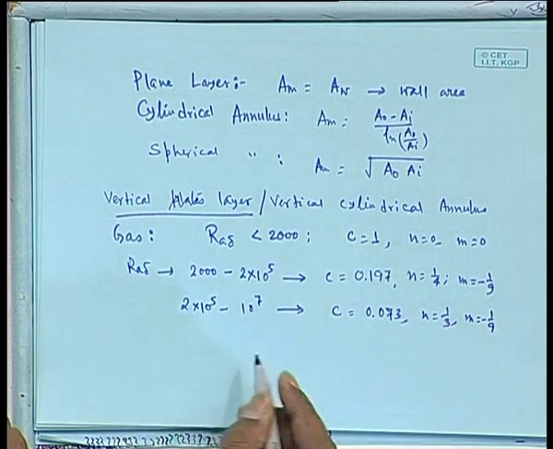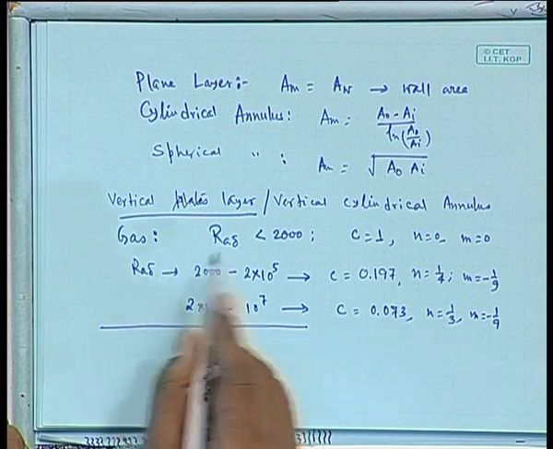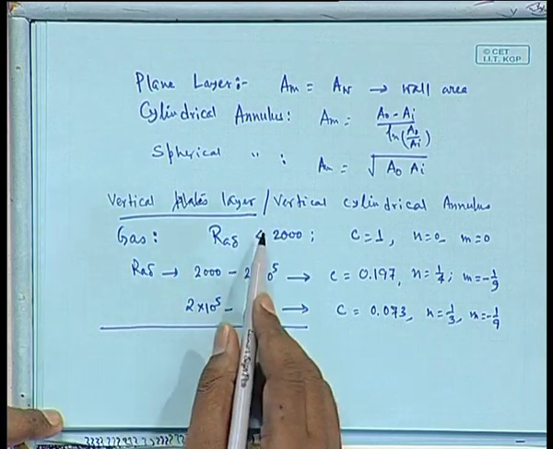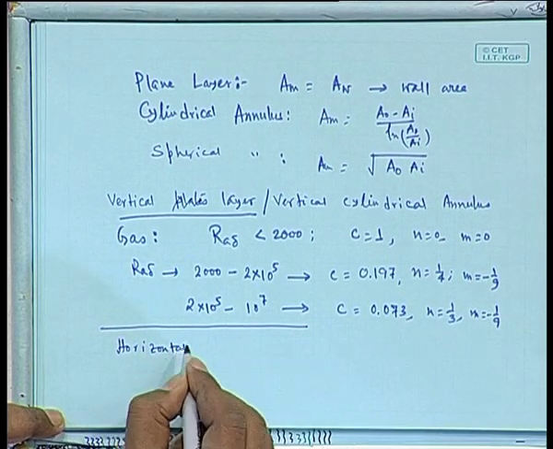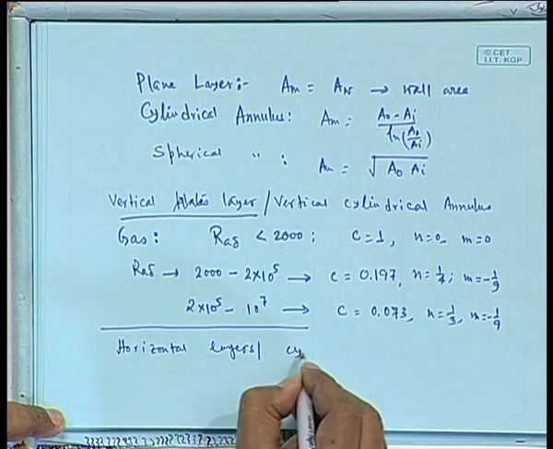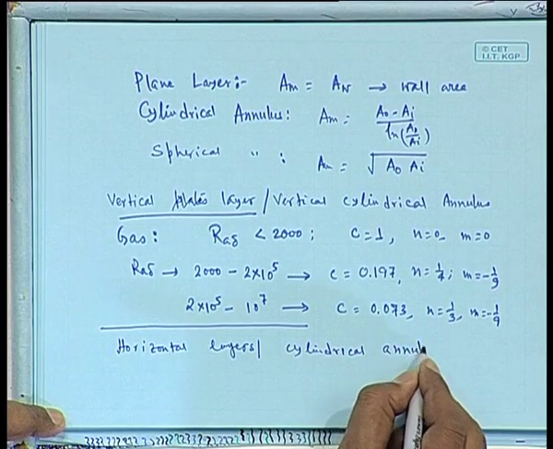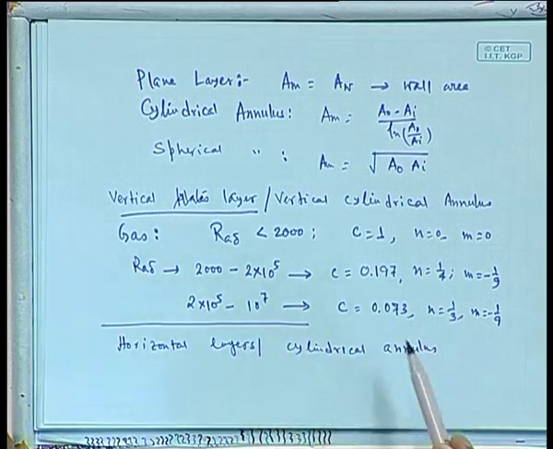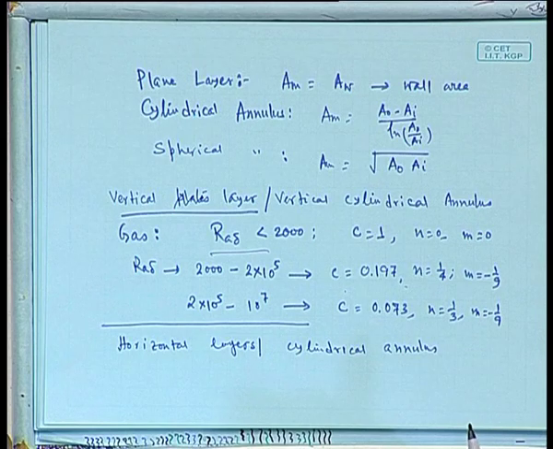Okay. Similarly, for the liquids you will be having several correlations. Now, these are for the vertical plates or vertical surface, and for the horizontal layers or cylindrical annulus, you will again have a host of correlations, and depending on the values of Rayleigh number you will be getting different values of these empirical coefficients.